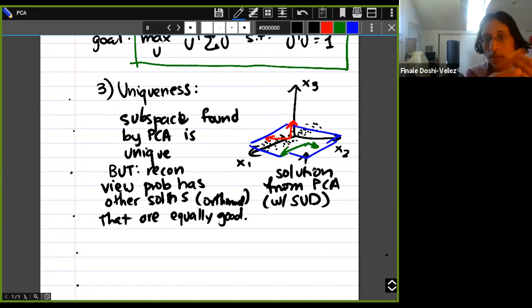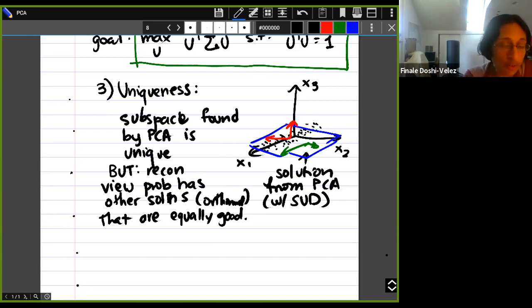What I'm showing you here is that you could have gotten a different set of orthonormal U's that would have had the same reconstruction as the solution that we argued about, but it looks different. Now we won't find it if we use our SVD approach. When we take our SVD approach, we're going to find the green solution, because that green solution corresponds to the variance in the data.